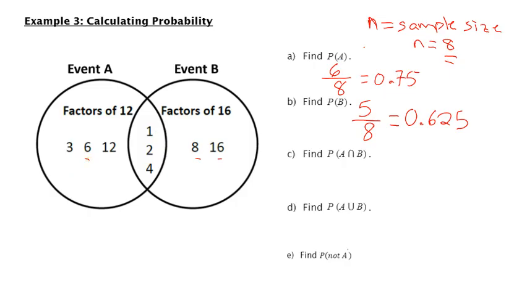So the intersection, that's what this again means right here. The intersection means just that. Where do these intersect, or what values they have in common? So we actually have 3 values out of 8 possible. So the probability of the intersection would be 0.375.